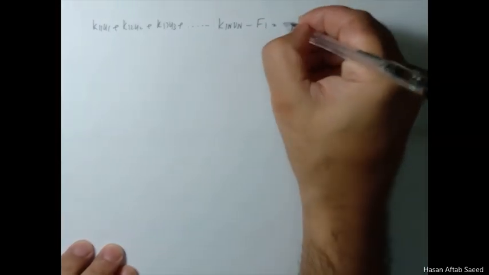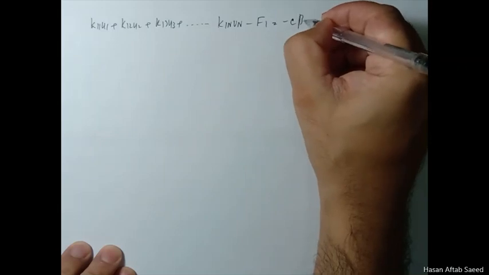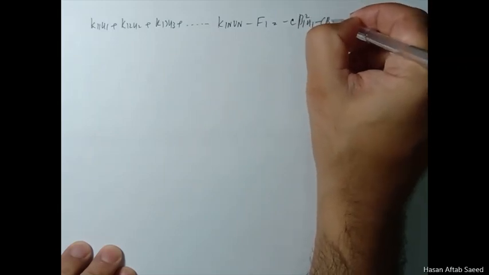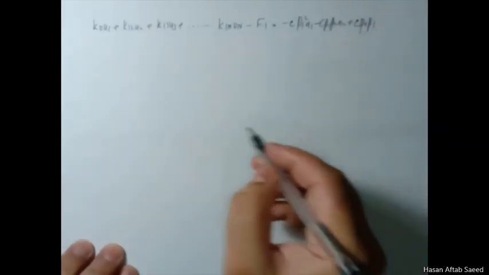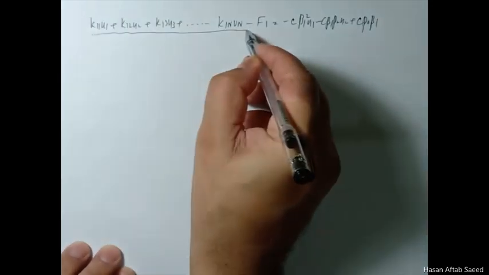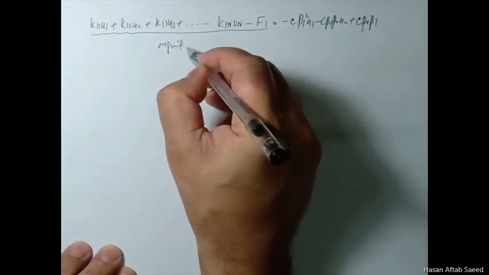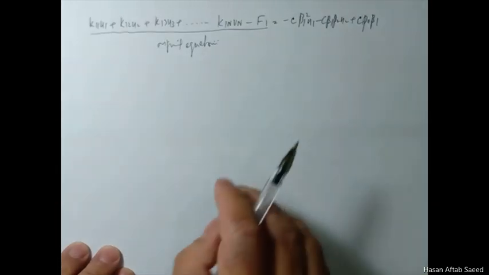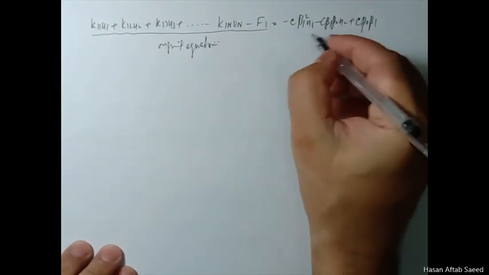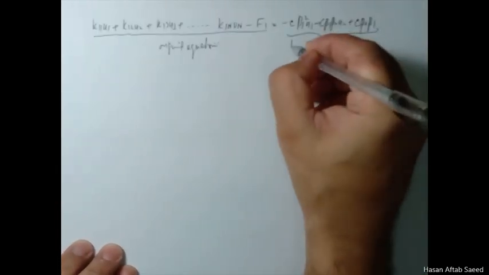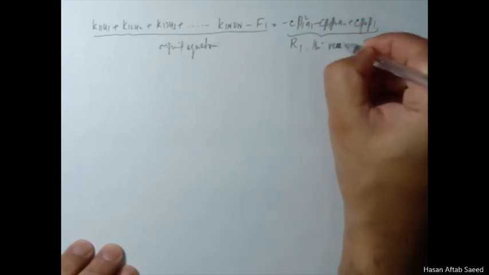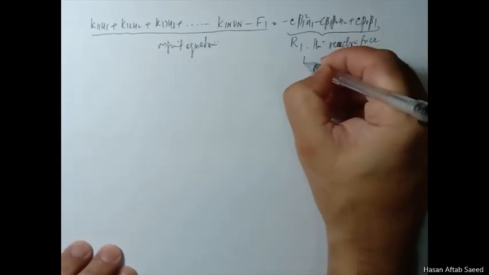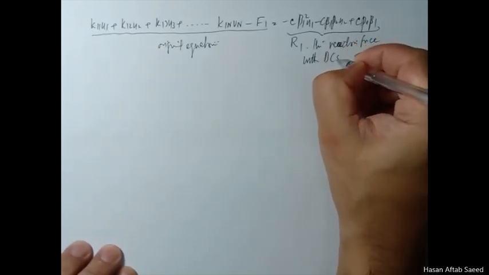On the right hand side you get, with the sign changed, minus c beta 1 square u1 minus c beta 1 beta 2 u2 plus c beta naught beta 1. This one was originally here, so no sign changed. Now, if you recall, this is the original equation of FEM. And the right hand side then becomes R1, the reaction force with boundary conditions applied.